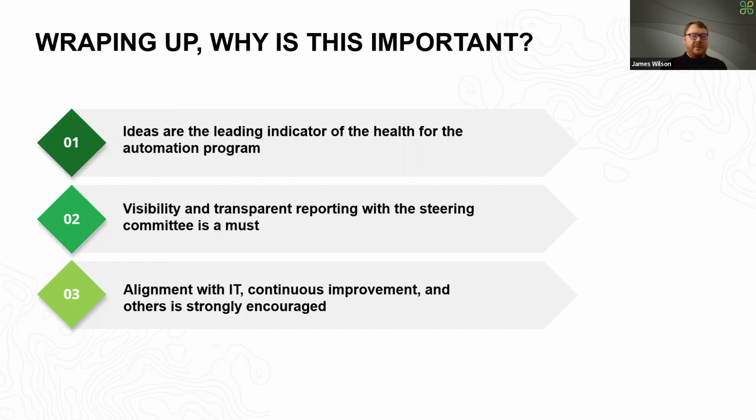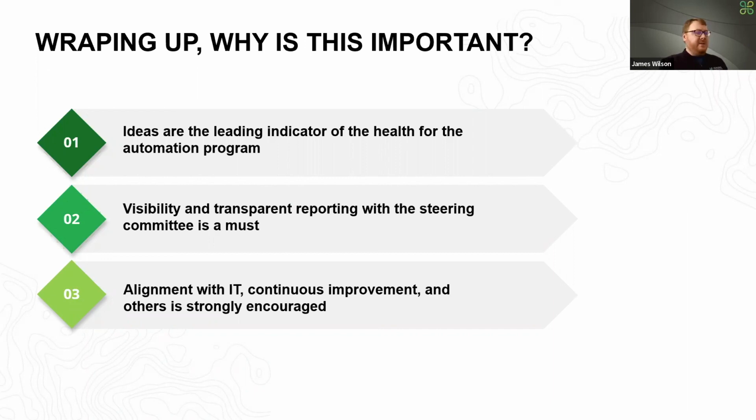One of the topics I briefly touched on in our conversation was to make sure that you partner with some of the other groups. Depending on the size of your organization and how many different teams you have, there might be some groups already doing some idea mining activities. Making sure that they have awareness of the automation program and are tapped into how to work with your automation COE is really critical.